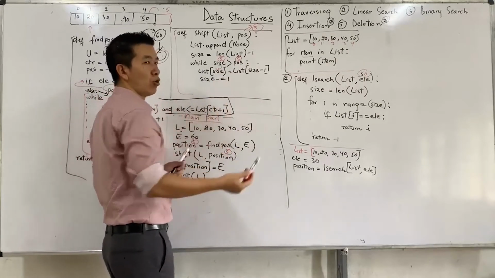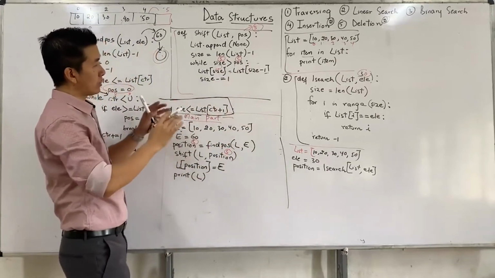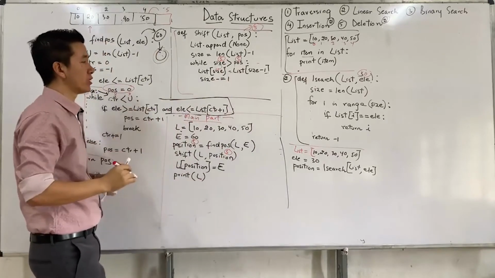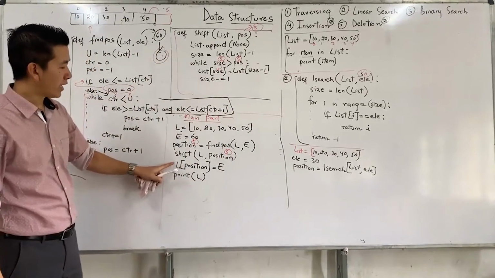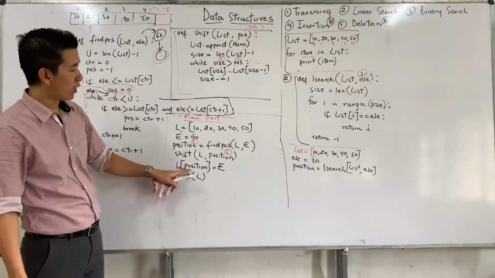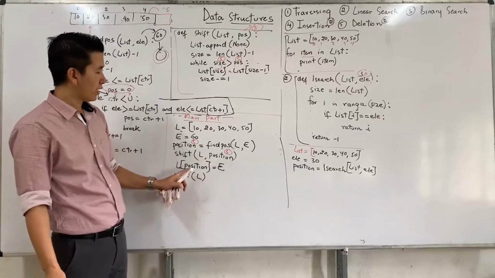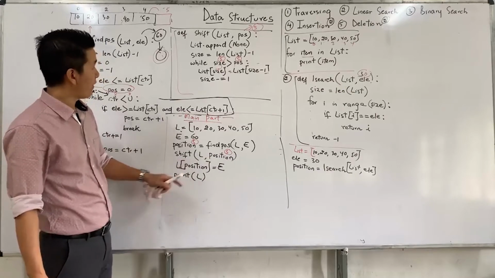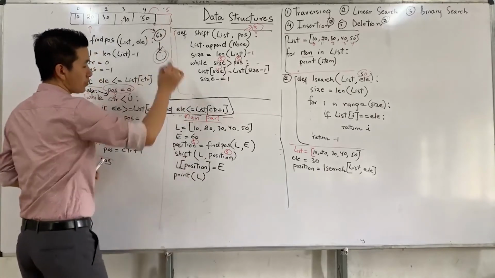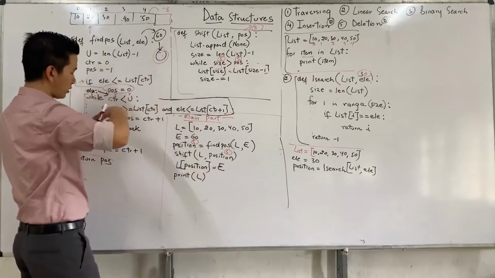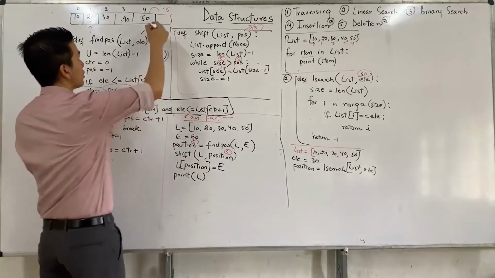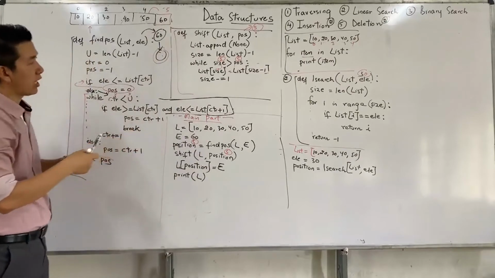The whole loop will not execute at all, and thereby no shifting will take place. And then you leave the function and come back, and then L of position, the value of position, remember it's 5. So L of 5 means you're referring to this. So this is how you assign 60 to the last slot. Okay. So this is how the entire program works.